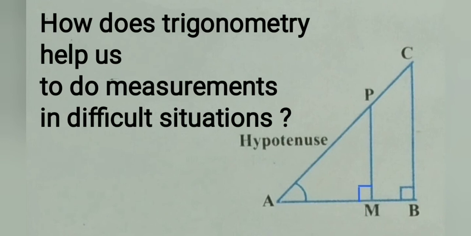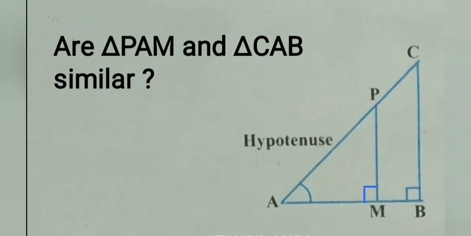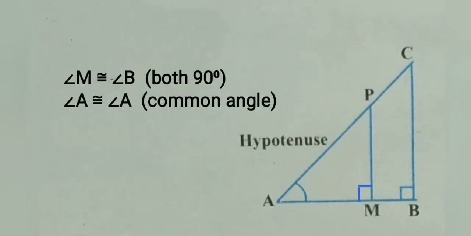So now we have two right triangles, triangle PAM and triangle CAB. A question arises: are triangle PAM and triangle CAB similar? On observation, we understand angle M is congruent to angle B, as both are 90 degrees.